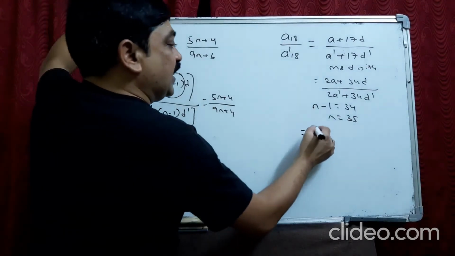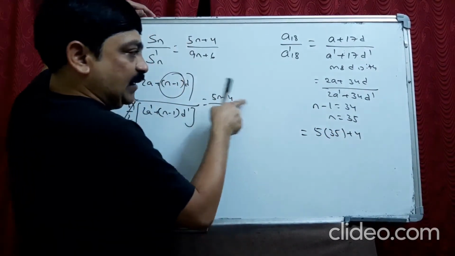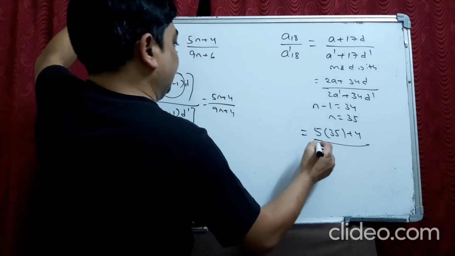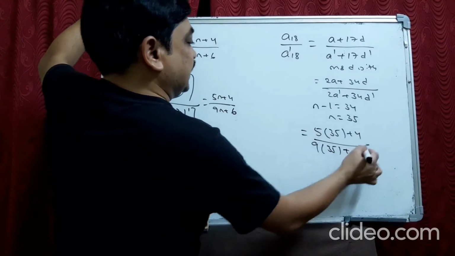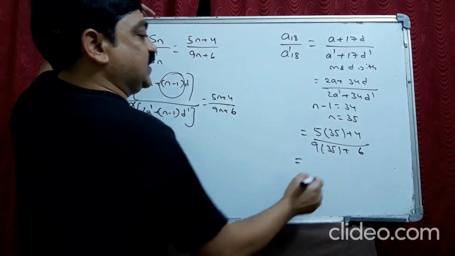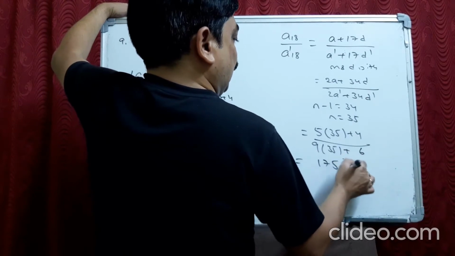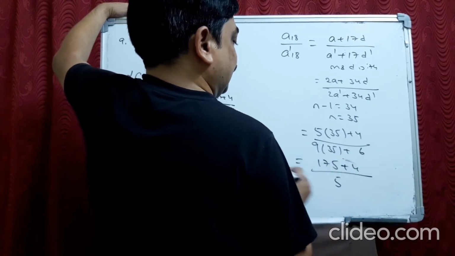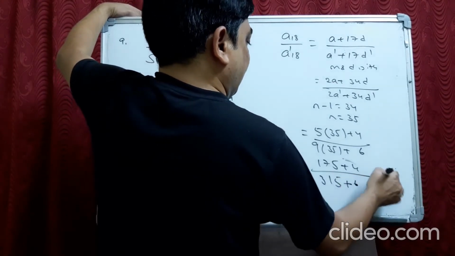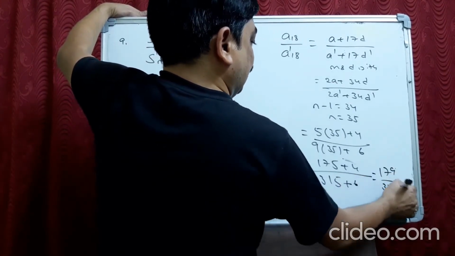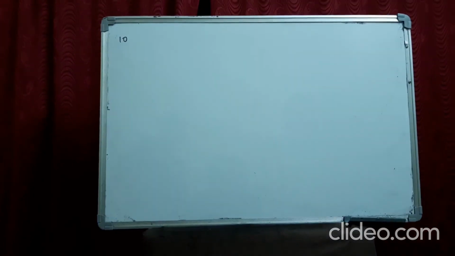So what will be your answer? 5 into 35 plus 4, by 9 into 35 plus 6. So 5 into 35 is 175 plus 4, 9 into 35 is 315 plus 6. It becomes 179 by 321. This is that. Okay?